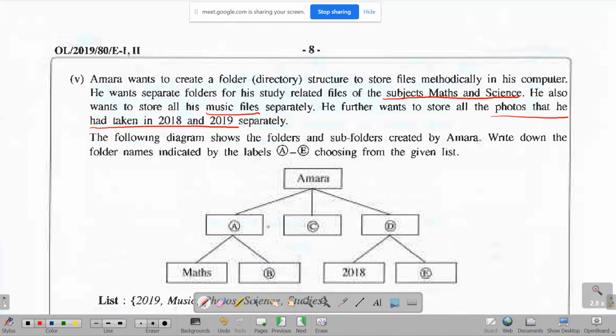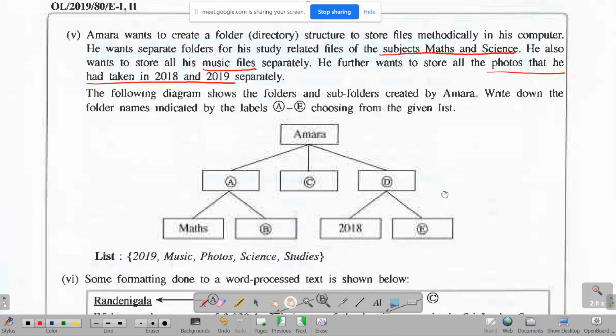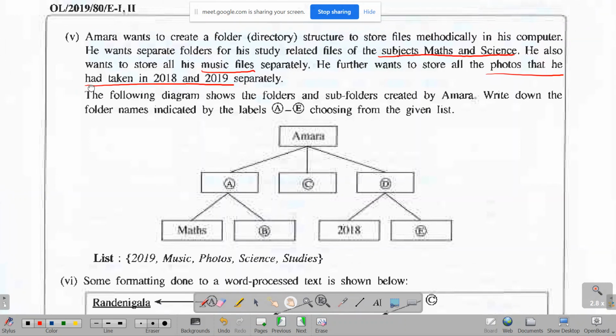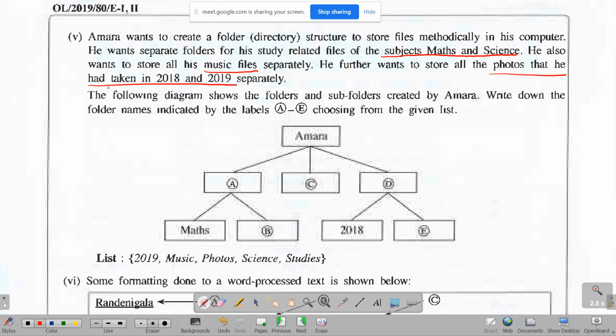And what they're asking is just to match it with the words. The labels A, B, C, D, and E are going to be matched with the list. So it's easy. 2018 and 2019 are regarding these photo categories. Then E is going to be 2019 definitely. And with maths, the other one is going to be science.